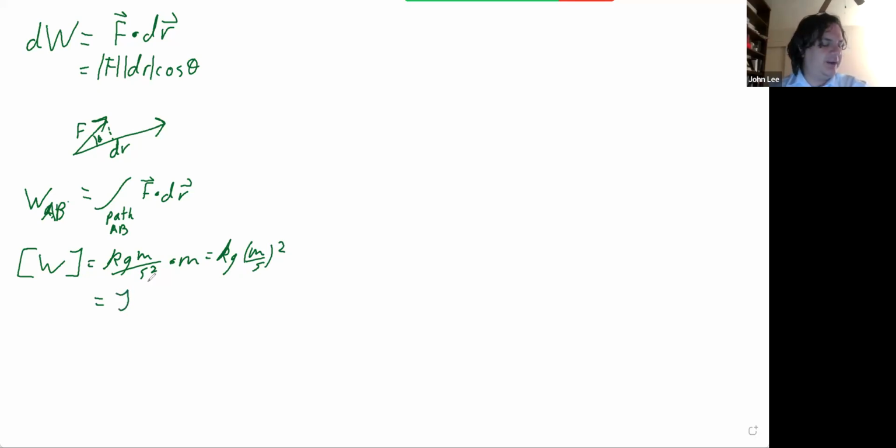So we can calculate the work done by friction, which is always acting in the opposite direction of the motion that you're going through.